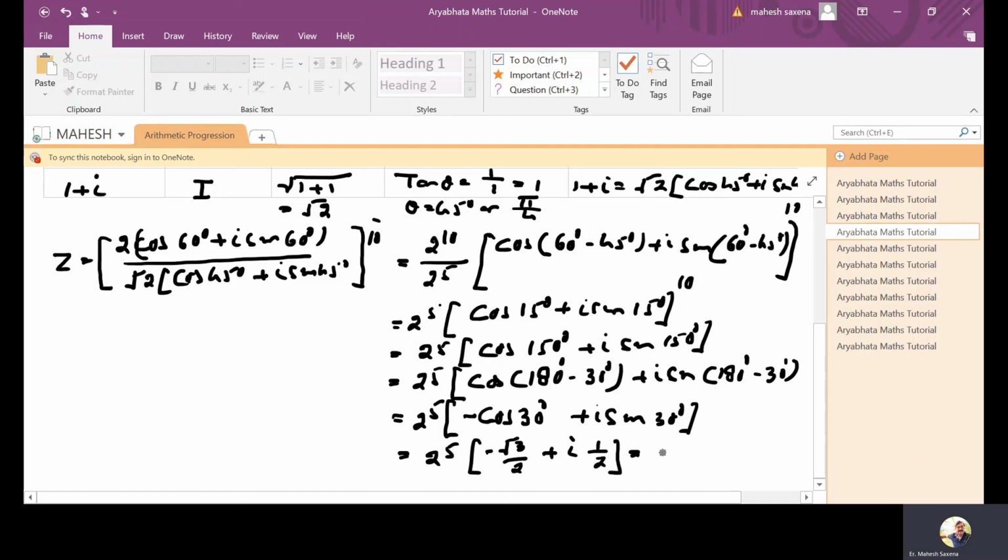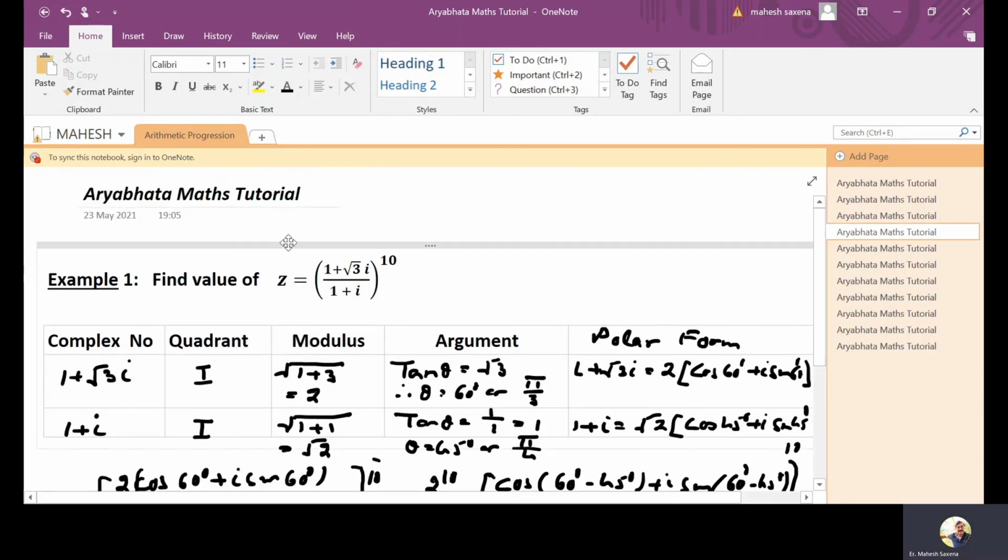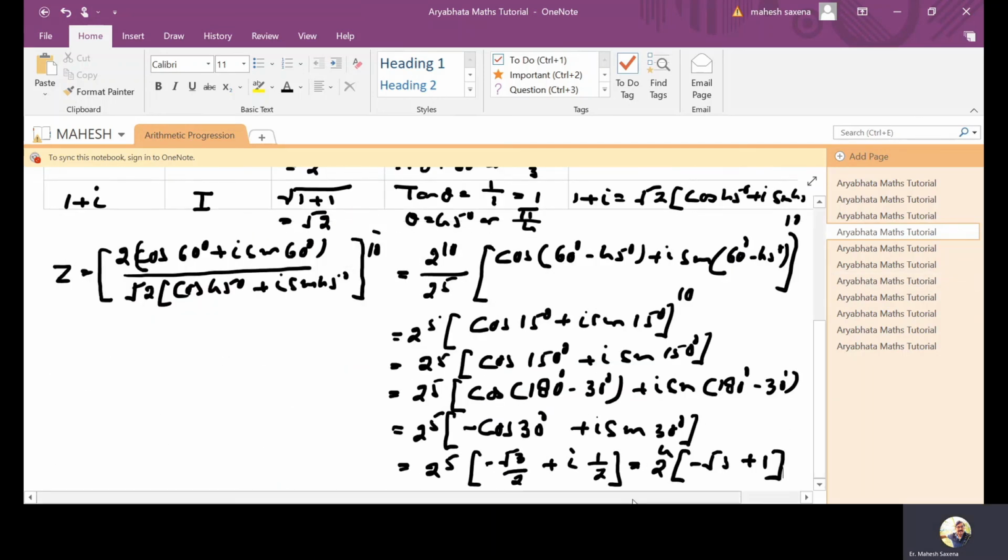This can be written as 2 to the power 4 (minus root 3 plus i). Therefore, it is very clear that z, that is (1 plus root 3 i) upon (1 plus i) to the power 10, can be written as 2 to the power 4 (minus root 3 plus i).